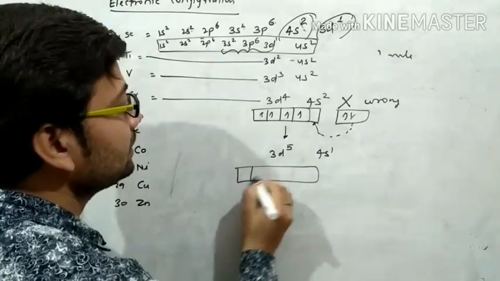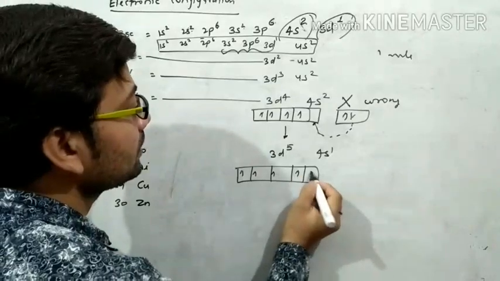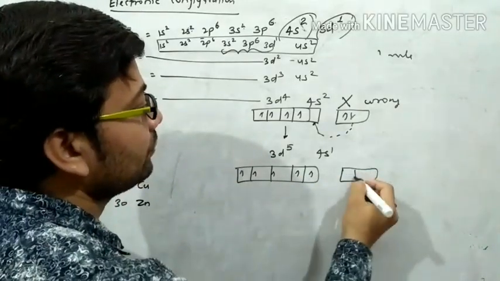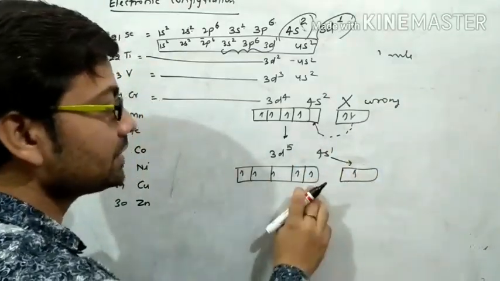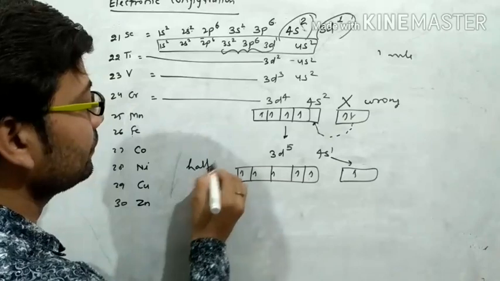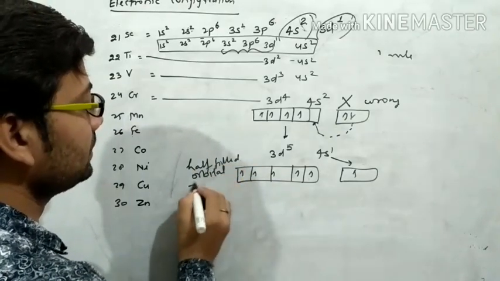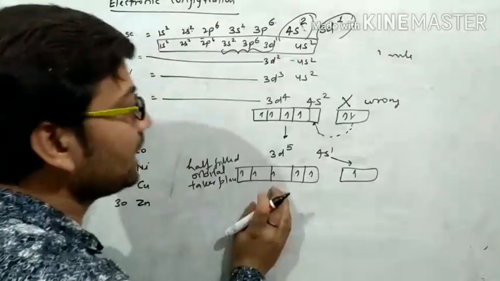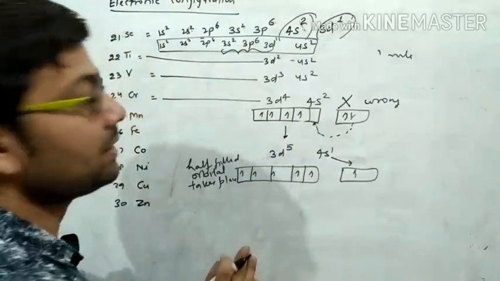Here chromium gets a half filled d subshell and 4s1. So in this case, half filled orbitals result, which are more stable as compared to incompletely filled orbitals.